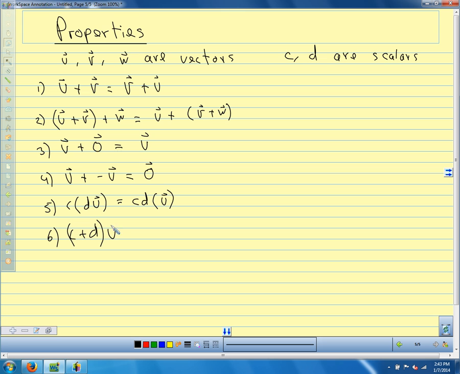If we're adding two scalars and multiplying by a vector, we can distribute the vector. Almost done. If we're adding two vectors and multiplying by a scalar, we can distribute the scalar.